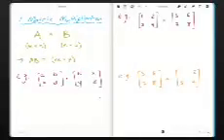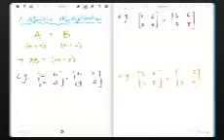Okay, so matrix multiplication. We've talked about a lot, if you want to multiply A and B, we really need to look at the order of the matrix. So in this case, we have an M by N matrix and an N by P matrix.